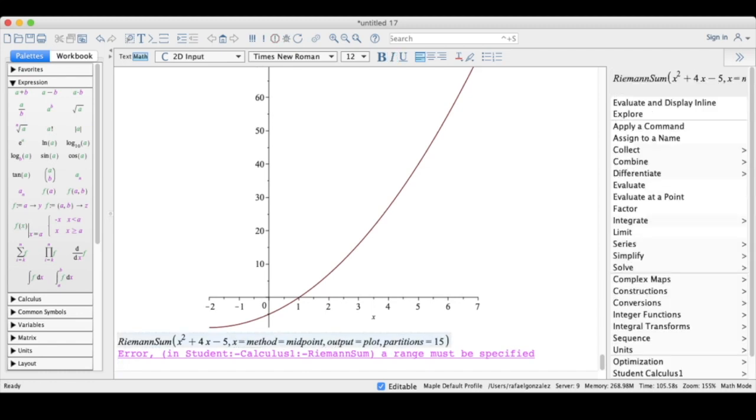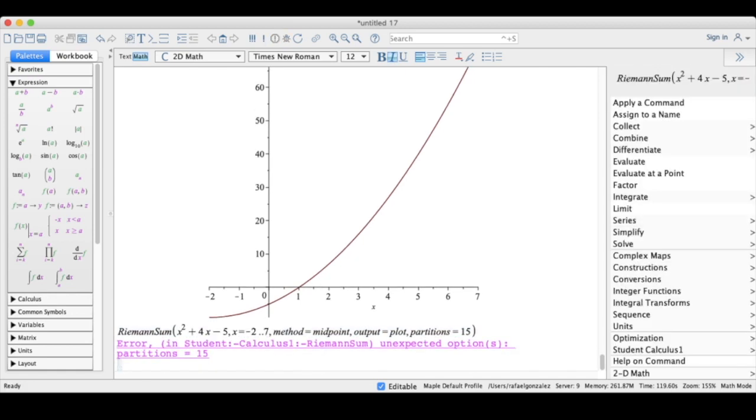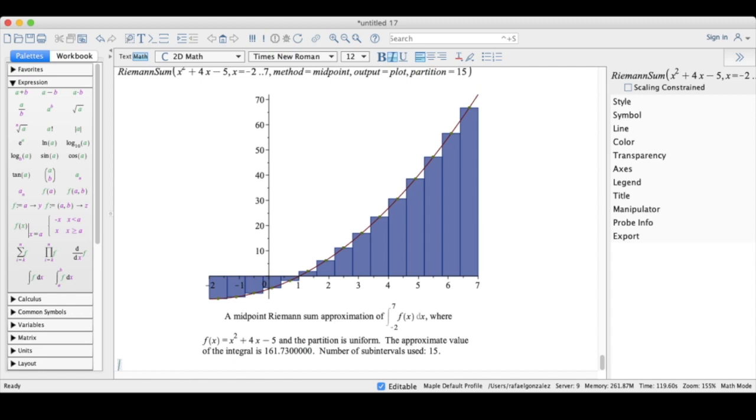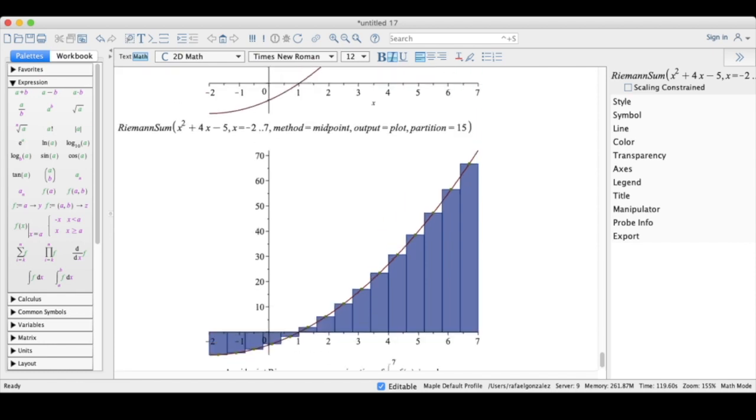X equals -2 to 7. No S in partition. And here we go. So we have a very good approximation by just using 15 partitions of the area beneath this curve on that interval. So that actually is amazing that we could do this.